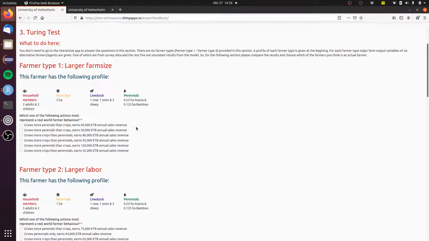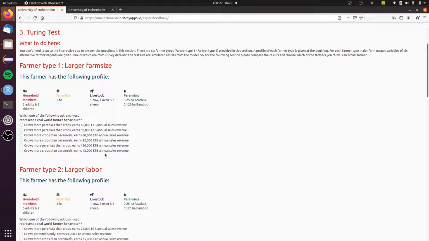We have data on actual farmers, and we have used the data that we obtained in the field to simulate some results, and we run several scenarios which include the spectrum of variation in the major parameters.